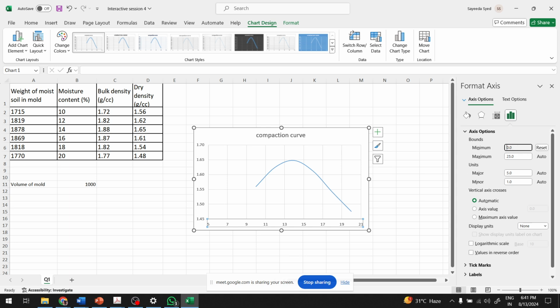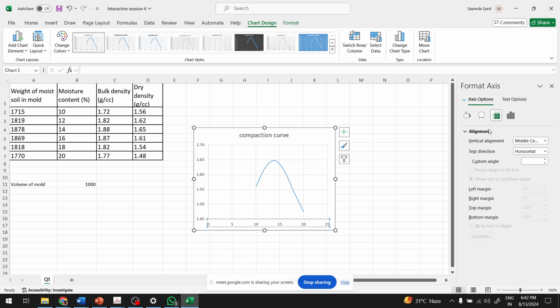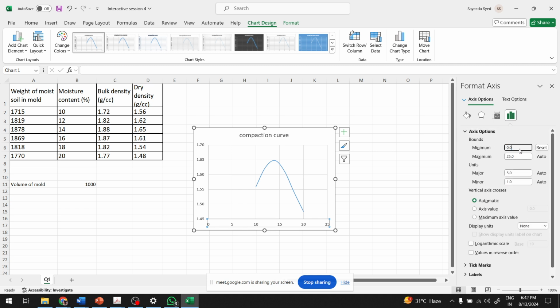It's one and the same thing. It will not matter, it does not matter from where it is starting. Okay. So this is our compaction curve.